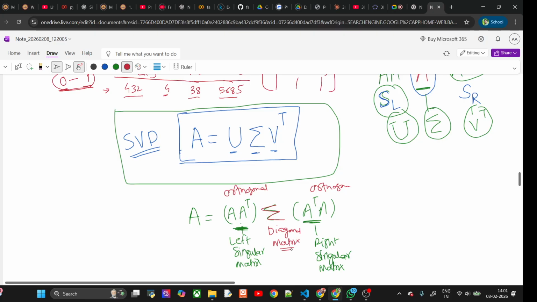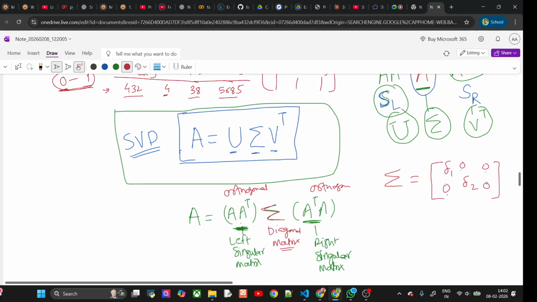Okay, this is diagonal. What does sigma contain? Sigma contains your singular values: sigma 1, sigma 2 along the diagonal, and the non-diagonal elements will be 0.